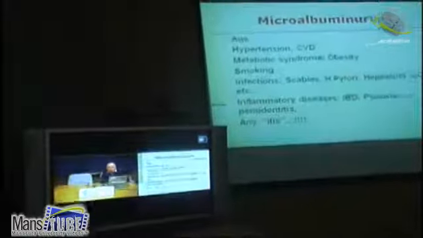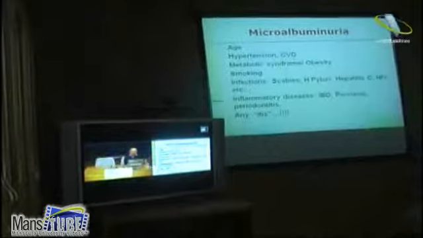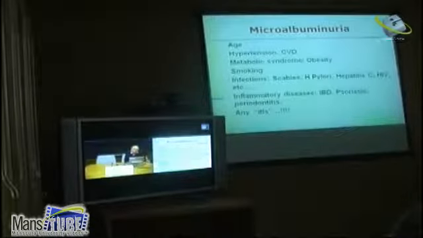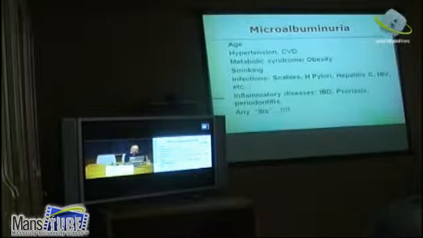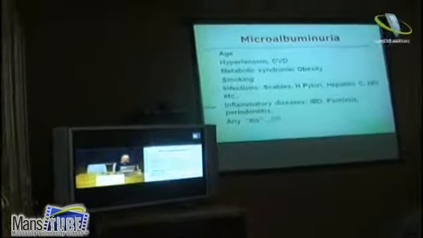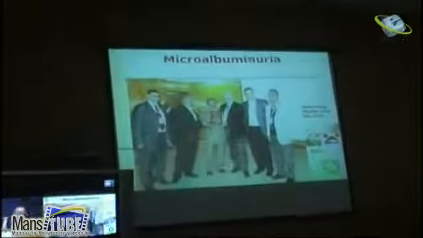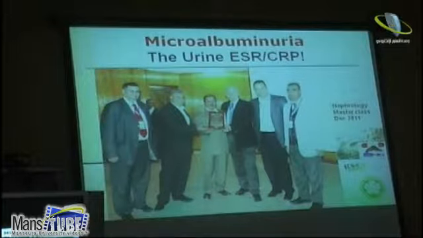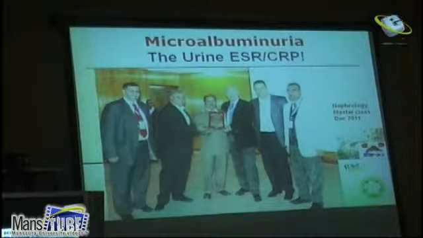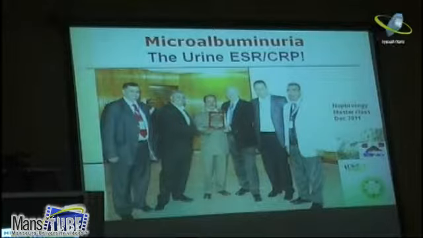But this is one of your slides from the master class, that microalbuminuria may be an innocent finding, may just accompany the elderly, the hypertensive person, metabolic syndrome, smoking, infections. So you consider microalbuminuria like the erythrocyte sedimentation rate or CRP of the CKD.